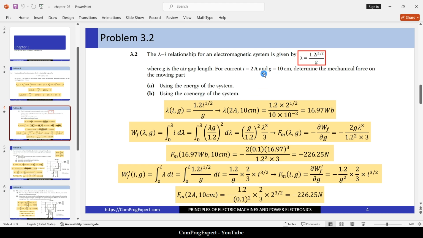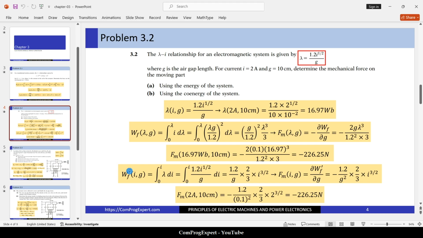So for these operating conditions, the value of the flux linkage is equal to 16.97 Weber. You can replace numbers in this equation. Yes, the value of the force is negative 226.2 Newton. Okay, this is calculated using the energy method.